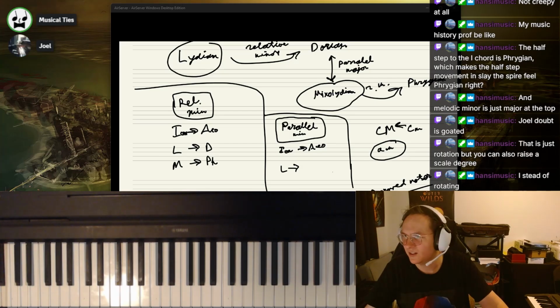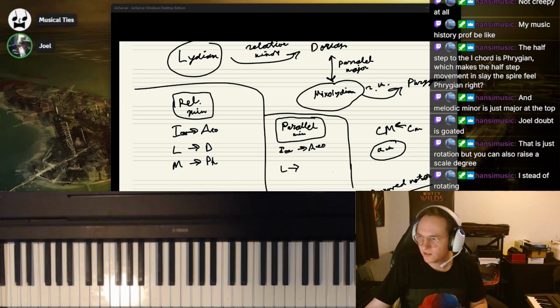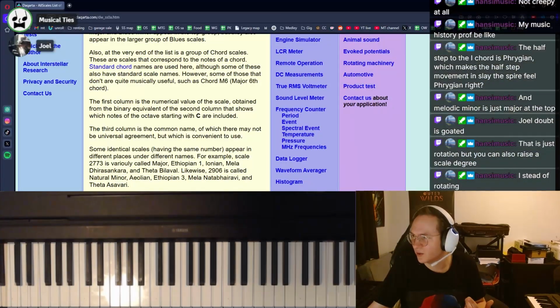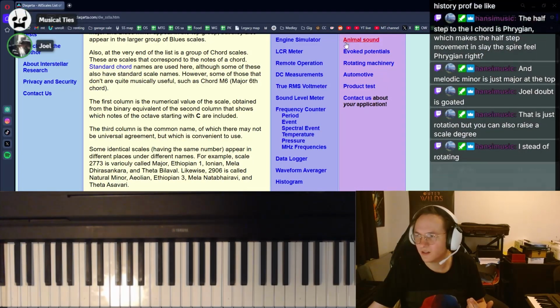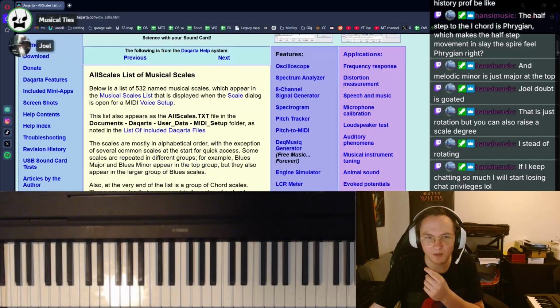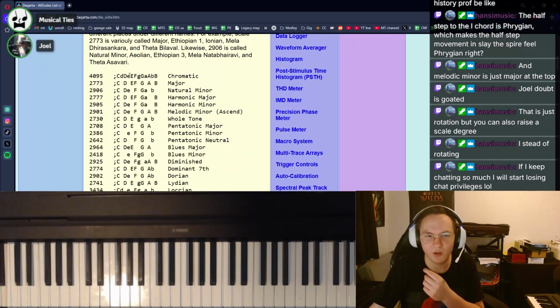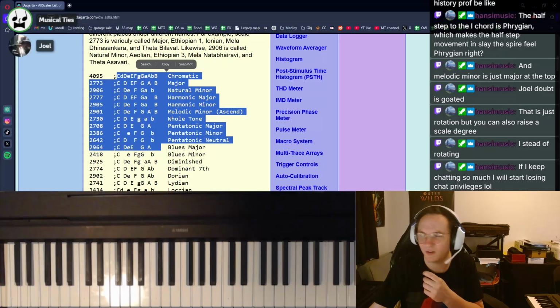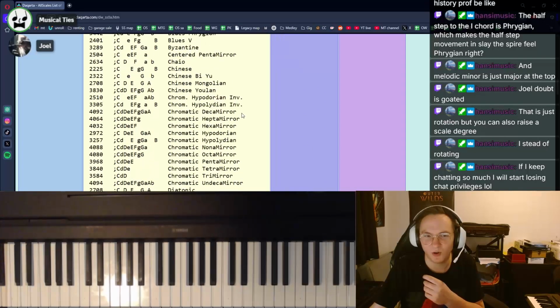I don't know if you were here for this, Joel, but this was a whole thing. This page is not mainly about scales, but it will give you every single combination of the 7 letters in different iterations, and it will give you all the names.